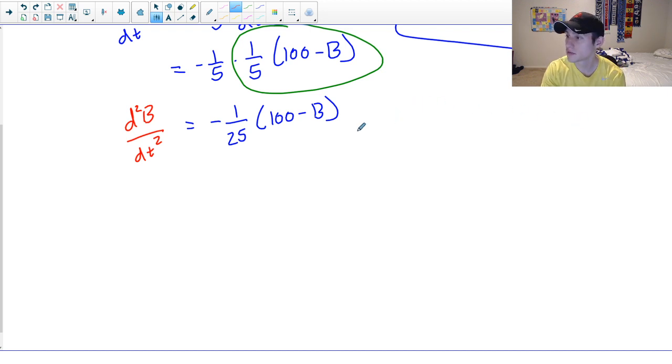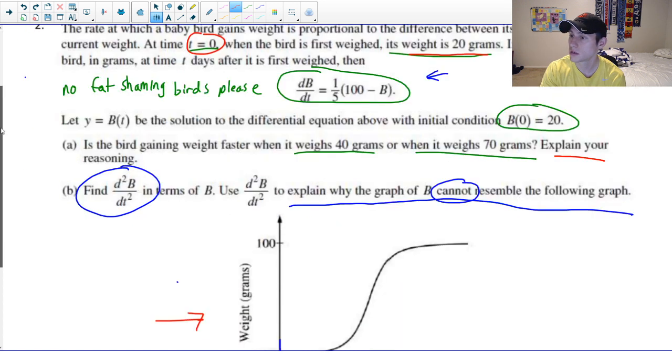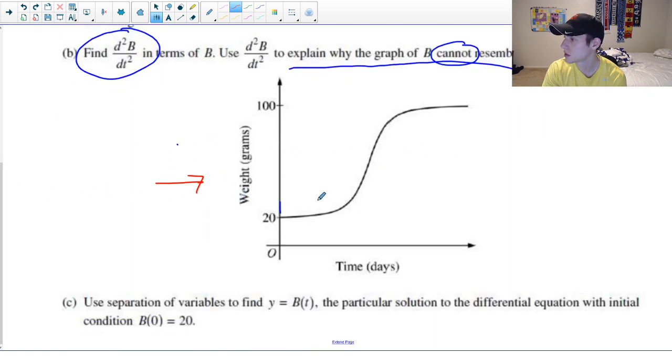This second derivative, so remember my values of b that we're plugging in. Where does it say? Oh yeah, okay, we're starting at time equals 0. Starting weight 20 grams. And this graph, we know the values on the y-axis. Oh, but actually we know this graph is going from 0, and its highest value is 100, the weight.